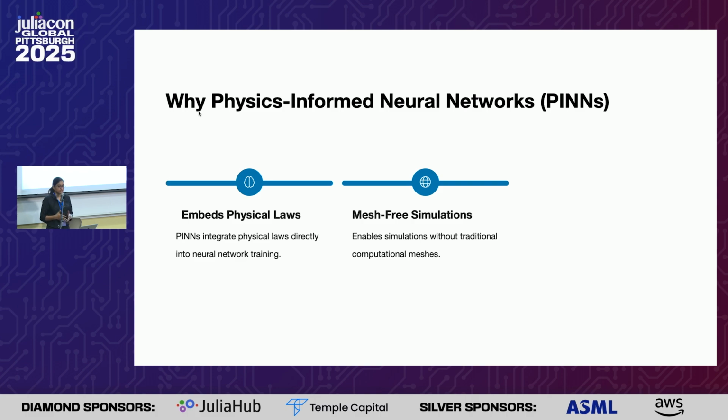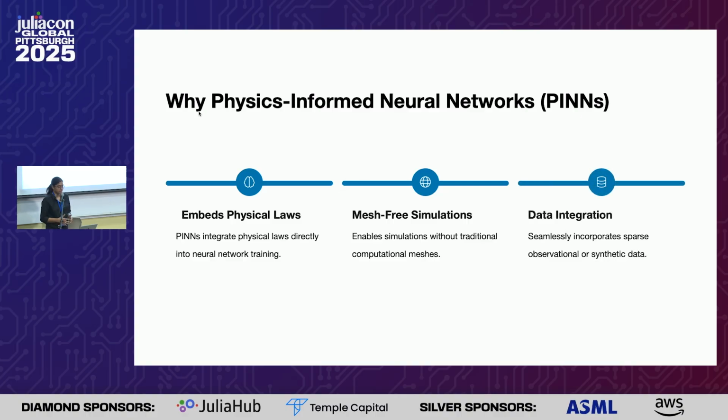So this makes them incredibly useful for handling irregular geometries like a coastal line without any hassle. The network learns a continuous solution over the entire domain, which can be evaluated at any point in space and time. We also understand that physics-informed neural networks are very good with data integration, so they can learn from sparse or noisy data.